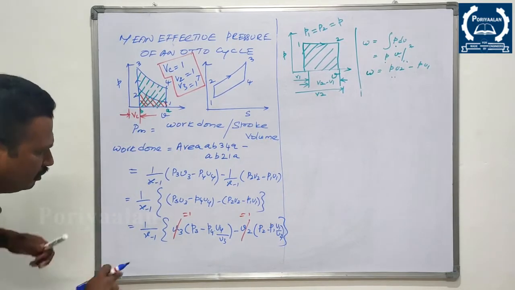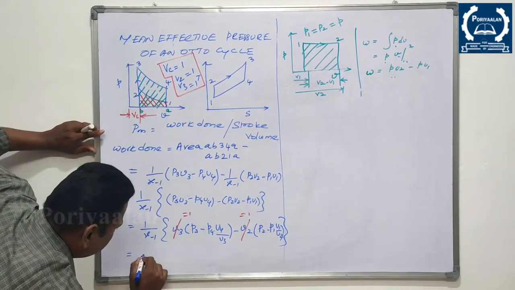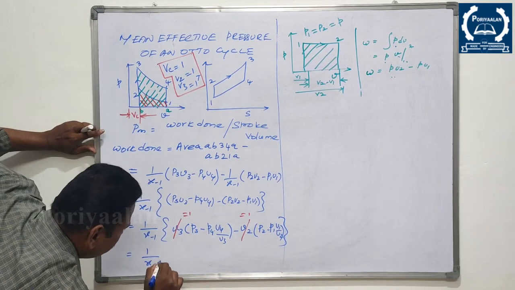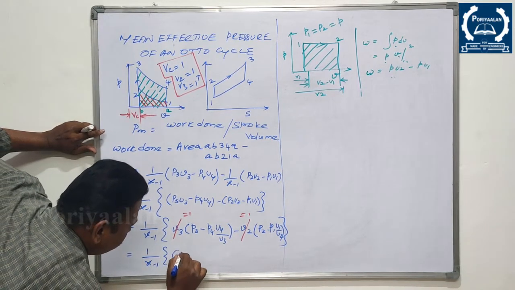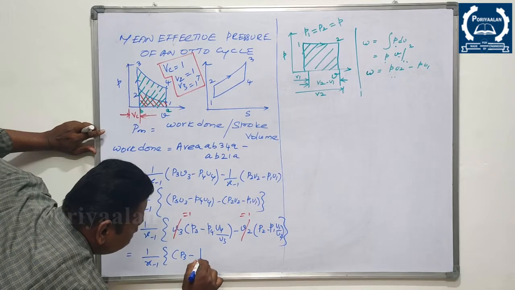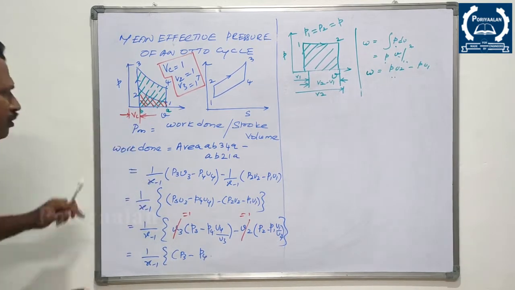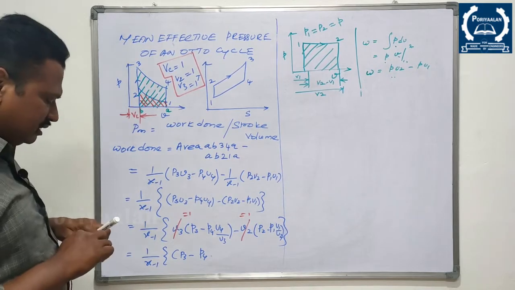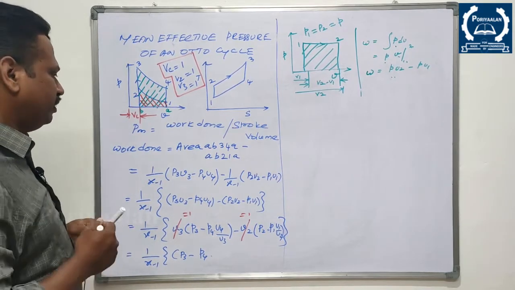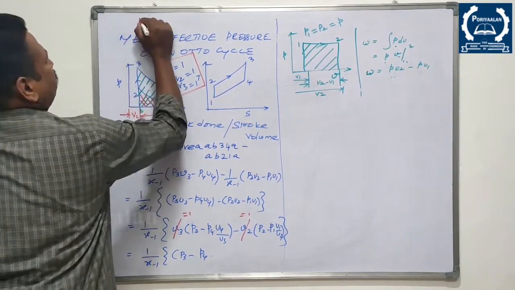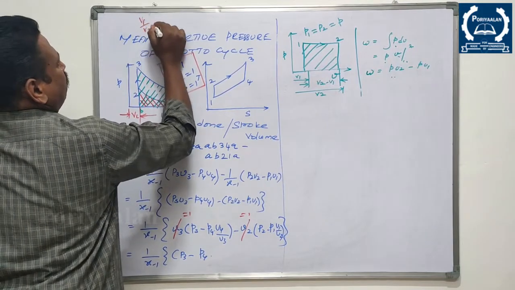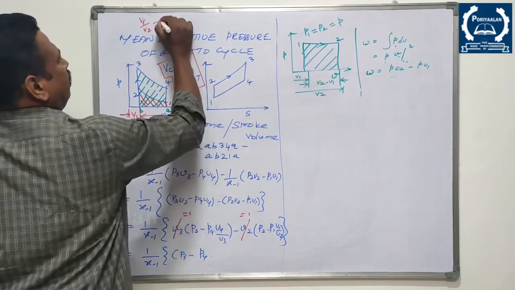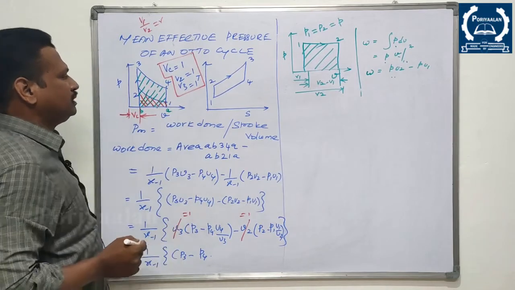Then what happened to the rest of the parameters? 1 by gamma minus 1 multiplied with P3 minus P4 into V4 by V3. What is V4 by V3? We have discussed in the previous video. V4 by V3, V1 by V2 is equal to R, known as compression ratio.